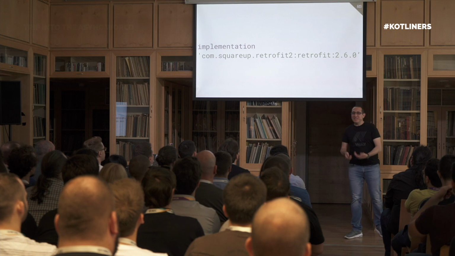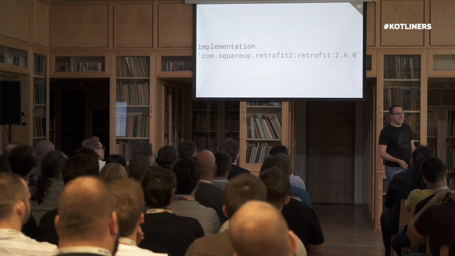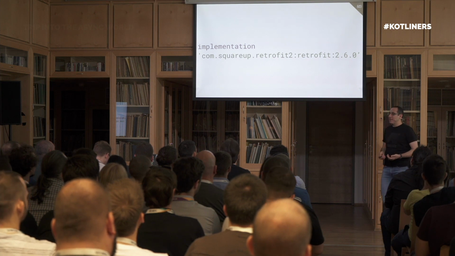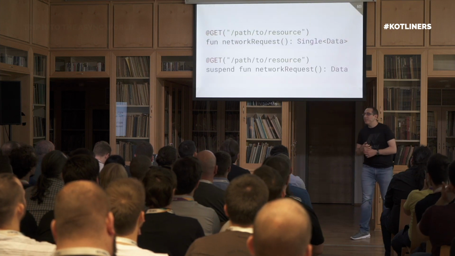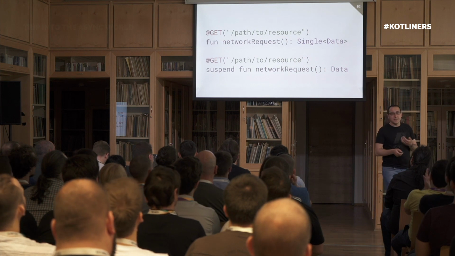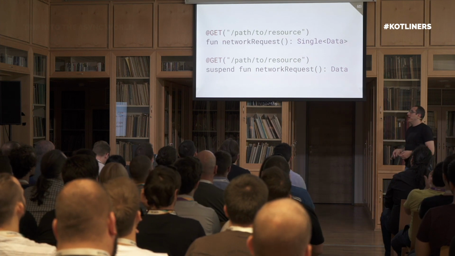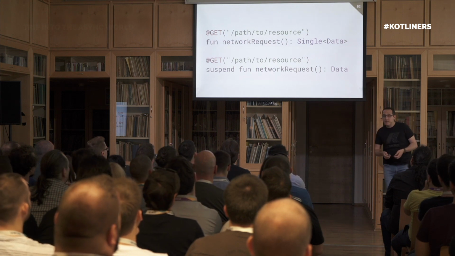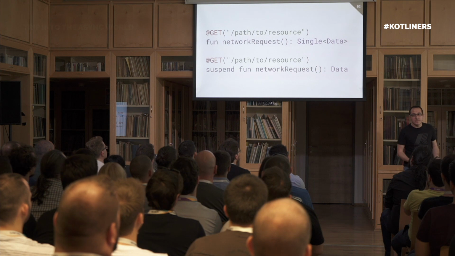So, what does it change from Coroutines to RxJava? Actually, from the API perspective, not that much. Because on the first line, we see what is like a usual RxJava call, right? So we return a Single of something, and it's just a function.